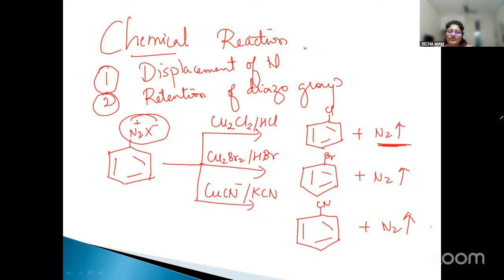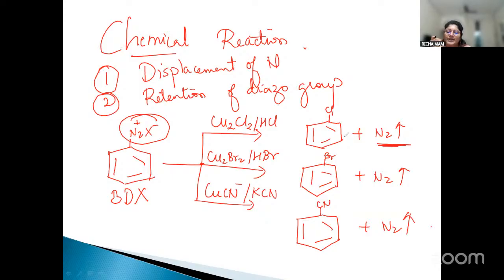When we react it with copper in the presence of HCl, it gives chlorobenzene, and when the benzene diazonium halides react with copper in the presence of HBr, it gives bromobenzene. So in these reactions, we are introducing chlorine or bromine into the benzene ring.